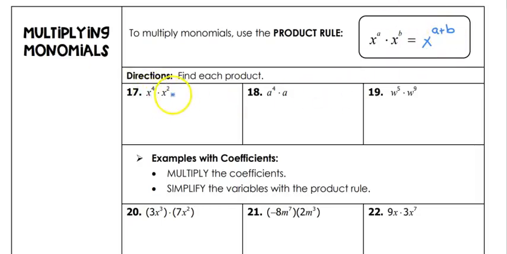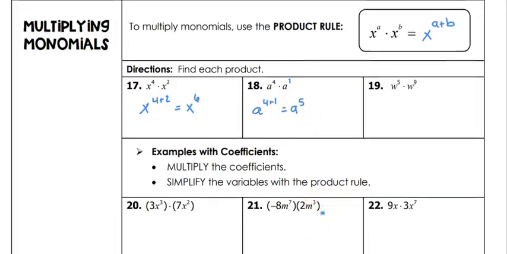So x to the fourth times x squared is x to the 4 plus 2, or x to the 6th. Here we have a to the fourth times a. It's important to remember that we never write it, but this is a to the first power. So this is a to the 4 plus 1, which is a to the 5th power.